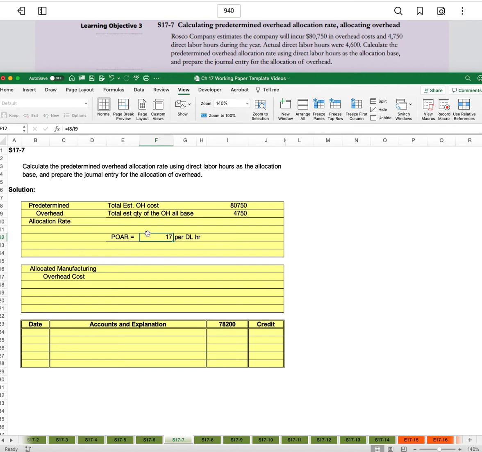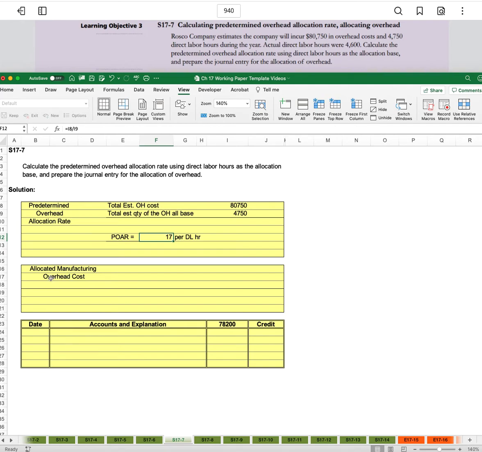For example, if it were 150%, that would mean that whatever our base was, if we allocate $1, we need to allocate $1.50 to overhead. In this case, it's $17 per direct labor hour, so for every direct labor hour, we will assign $17 to overhead.